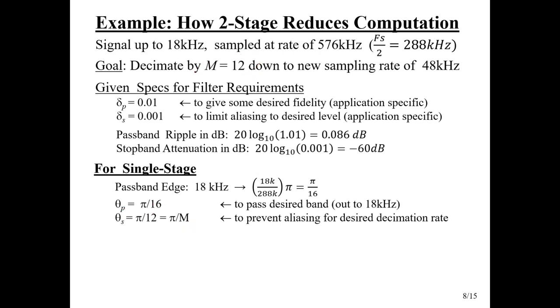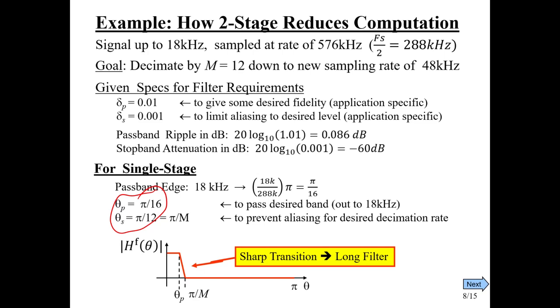So there is our passband and stopband edges. And my claim is that's a pretty narrow transition band. And so, as I showed this before, and now I'm showing a proper function of theta versus theta. So that's what we're talking about. Fairly sharp transition will lead to a fairly long filter.